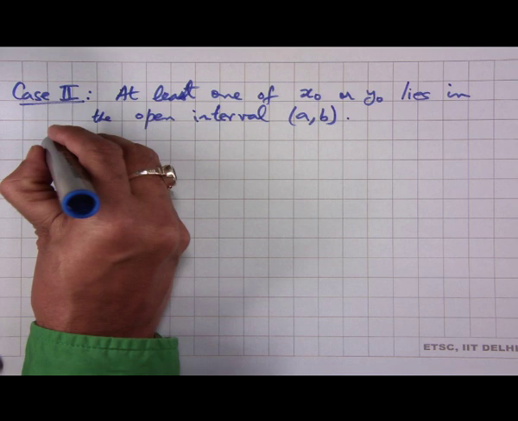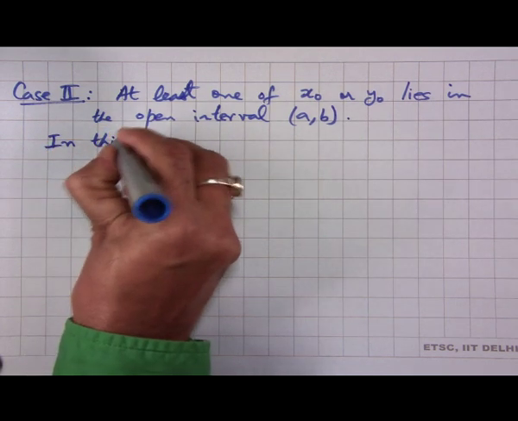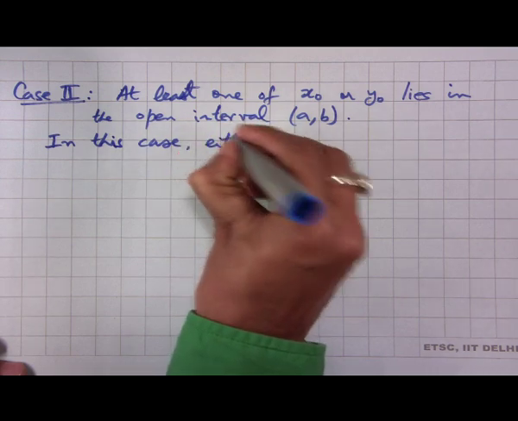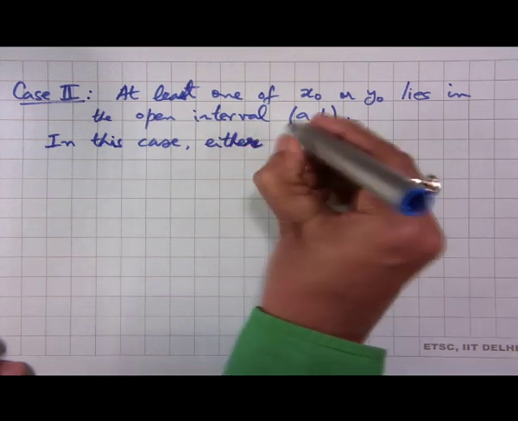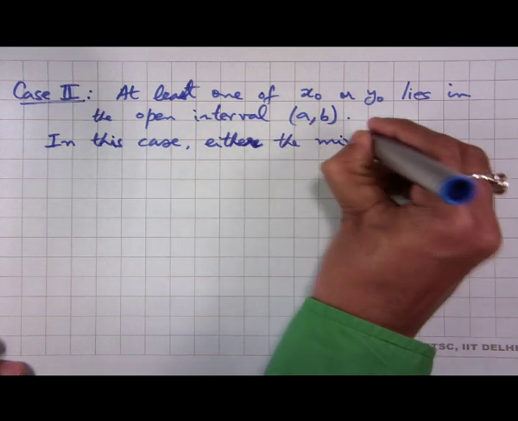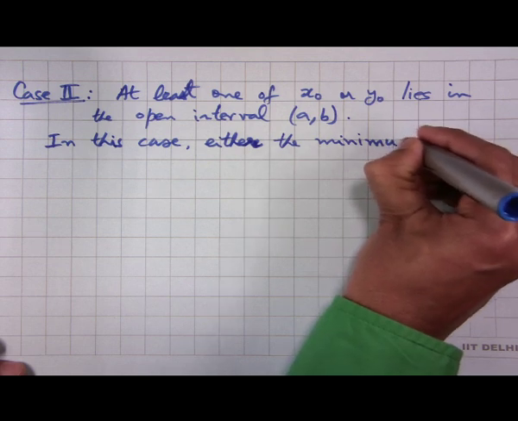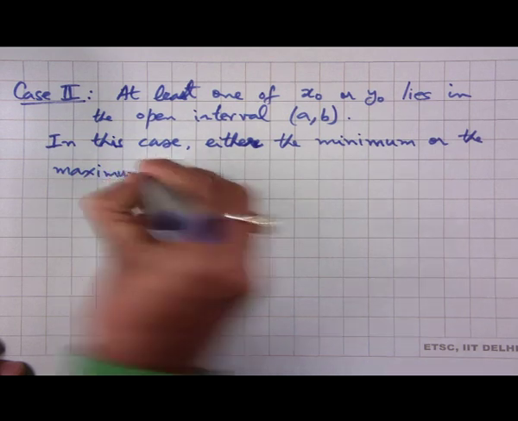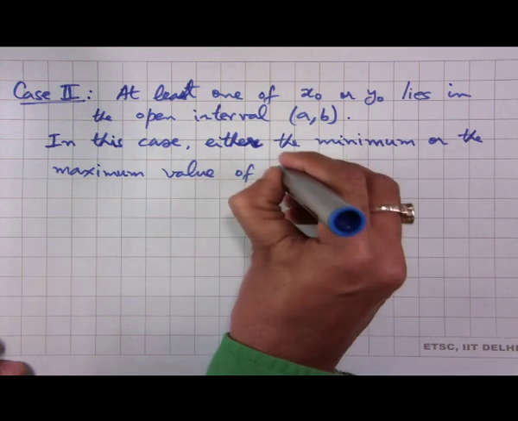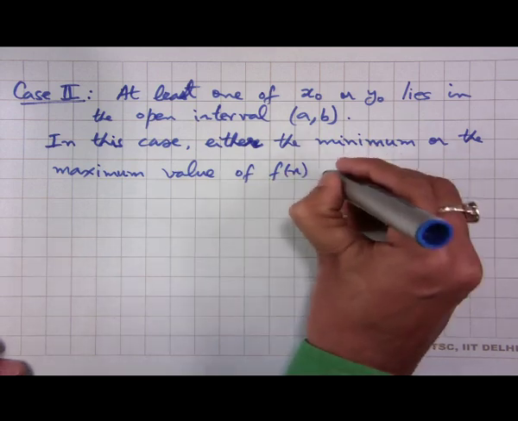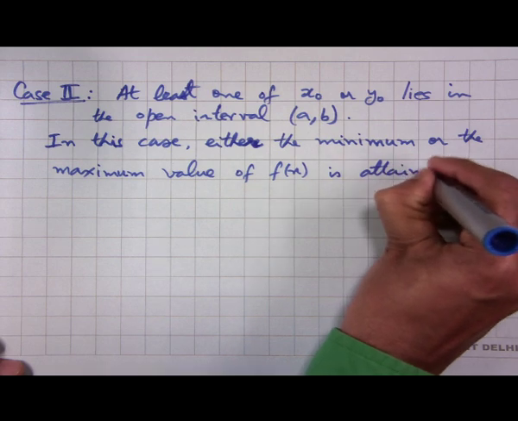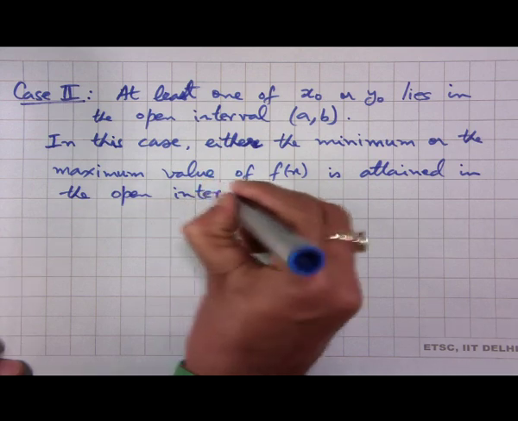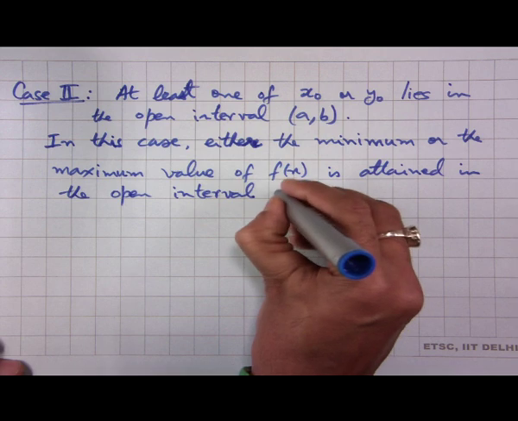In this case, what we have is that either the minimum, if it is x naught in the open interval, or the maximum value of f of x is attained in the open interval (a, b).